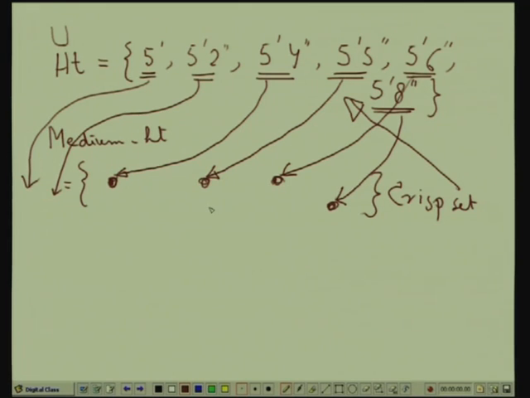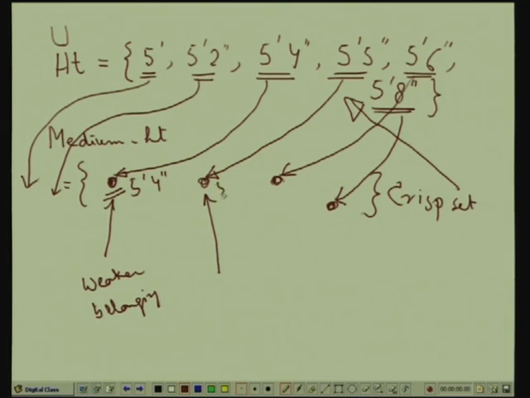Probably no. This has got a weaker belonging, this is 5 feet 4 inches, and this 5 feet 5 inches has less weak belonging, whereas 5 feet 6 and 5 feet 8 certainly belong to this set.